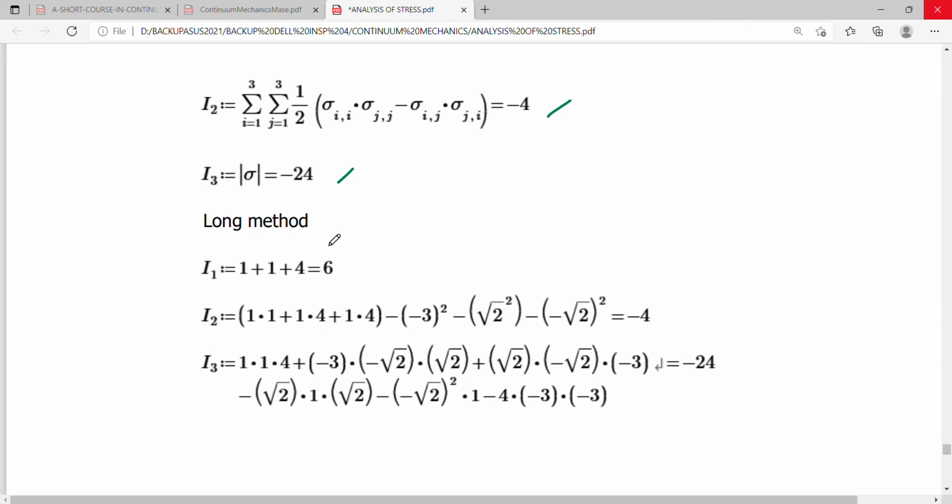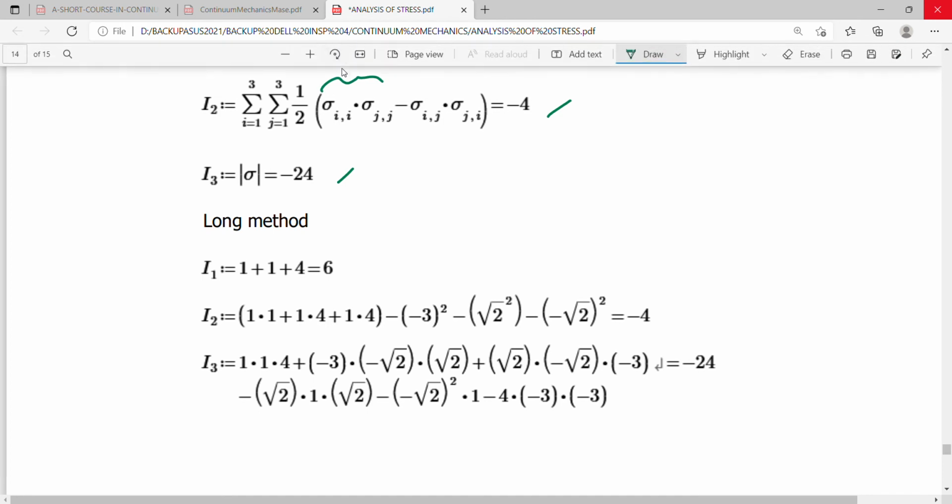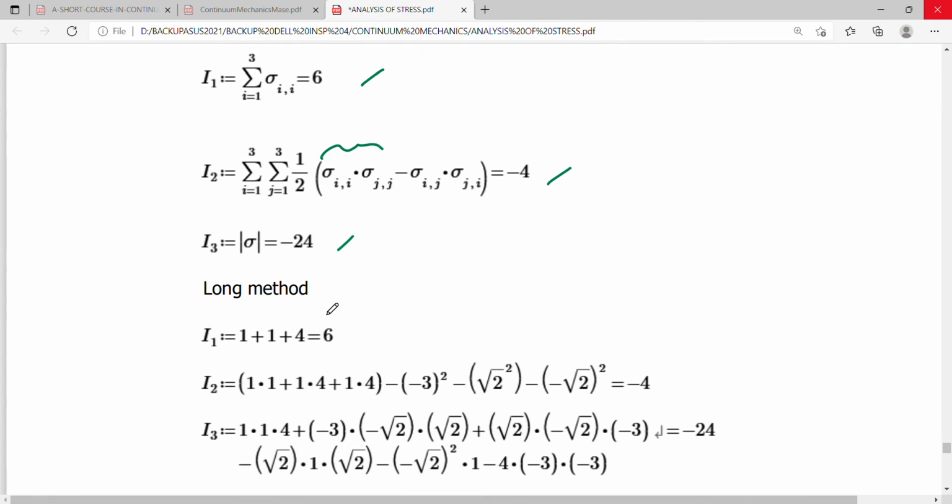The values of the diagonal tensors here, the sigma II's and sigma JJ's, are actually the diagonal values, while here I have the off diagonal values. Of course, I also have a diagonal value here, but since I did not use the 1 half here, because on the diagonal values you happen to repeat the process twice, okay?